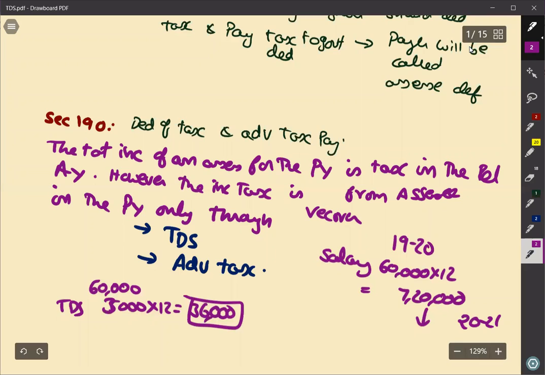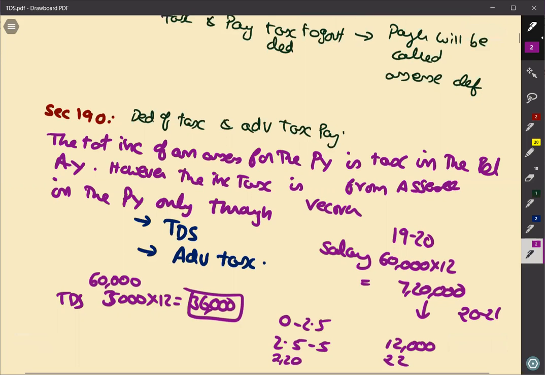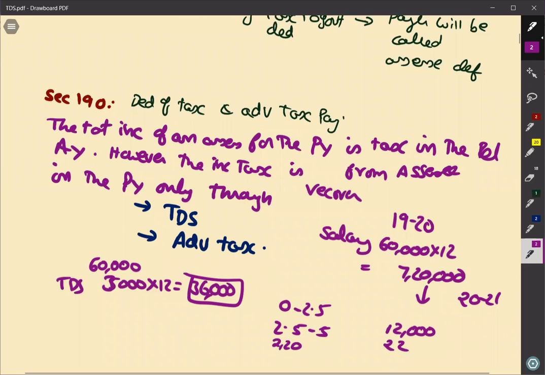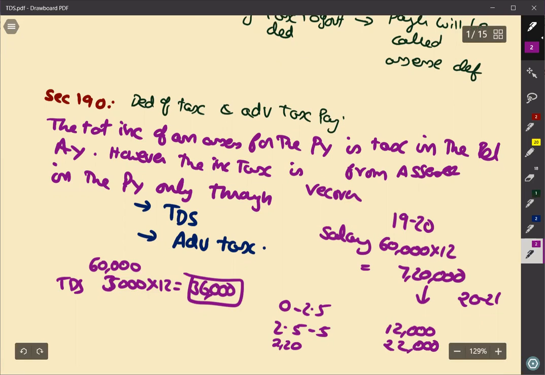Now, in the assessment year, you need to compute tax on this 7,20,000. So how do I compute? 0 to 2.5 lakhs nil, 2.5 to 5 lakhs, on this 2,50,000, 5%, that is going to be 12,500. And on this 2,20,000, 10%, that is going to be 22,000. So what is the total tax liability here?